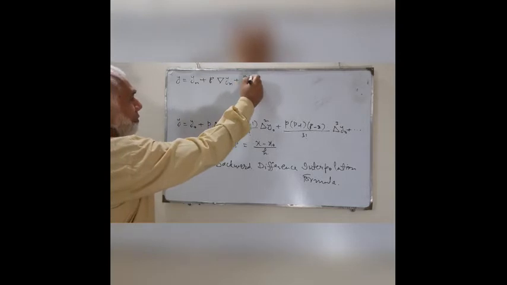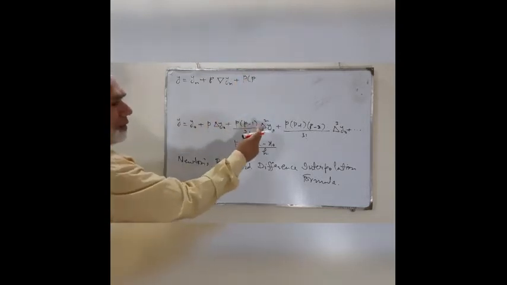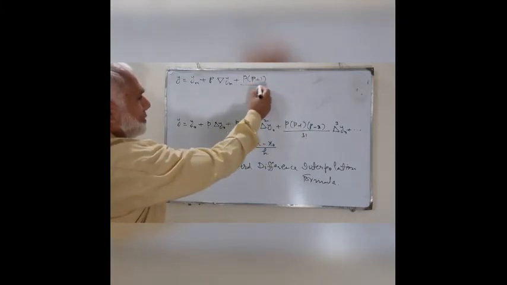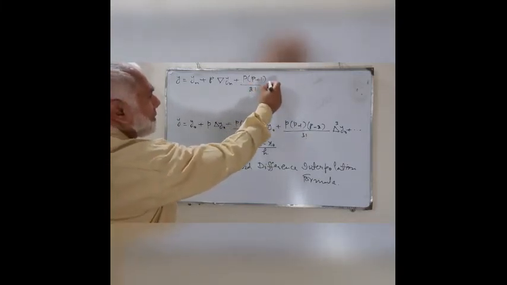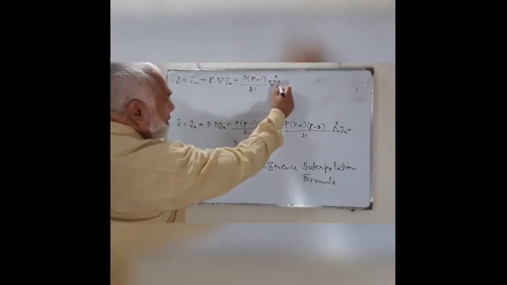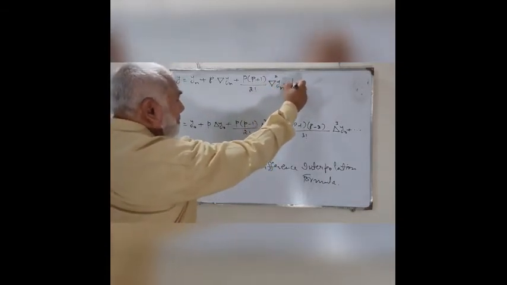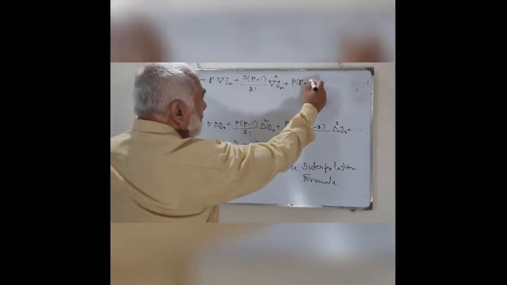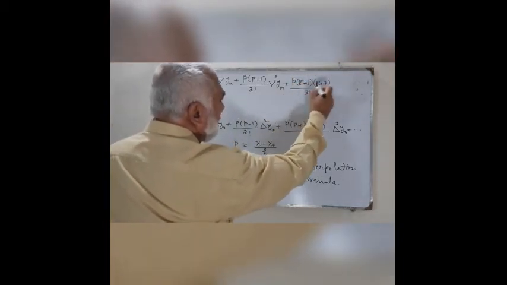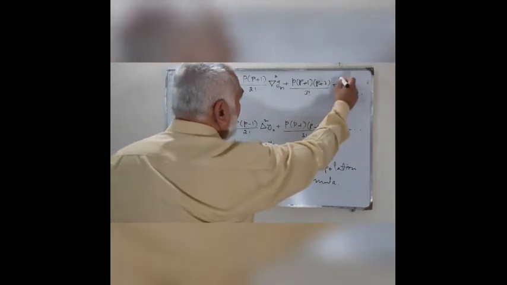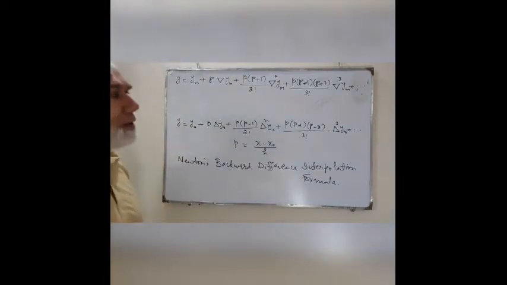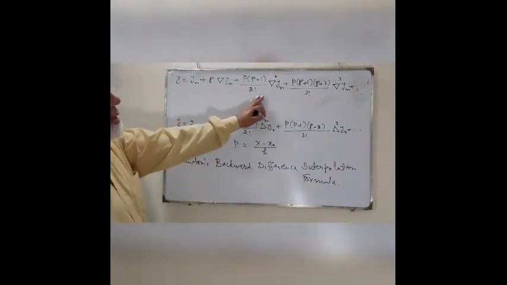Next is p into p plus 1, and all the minus signs will be replaced with the plus sign. So this is another change. Now the next term will be nabla squared yn, plus p into p plus 1, p plus 2 over 3 factorial, nabla cubed yn, and many more terms you can write down.